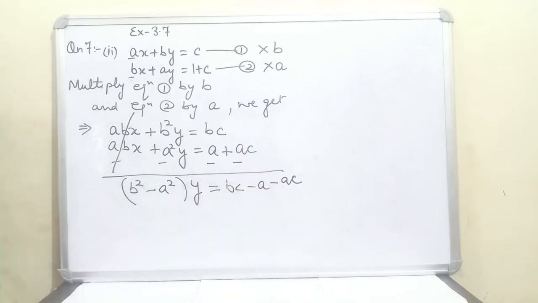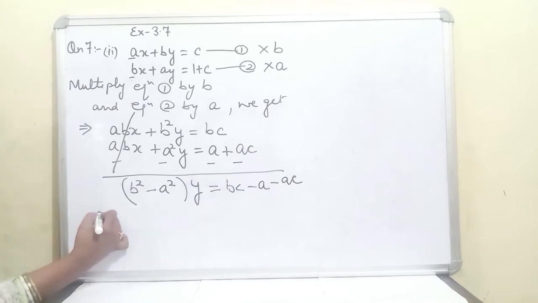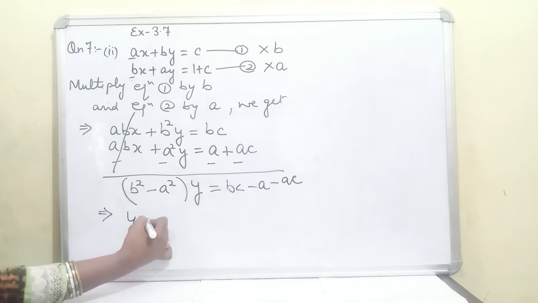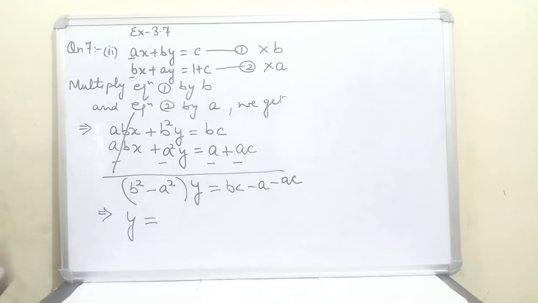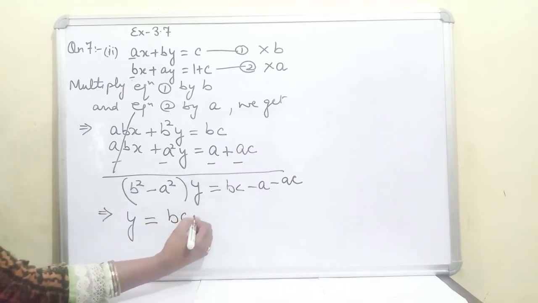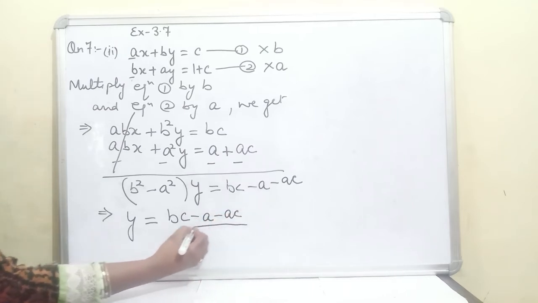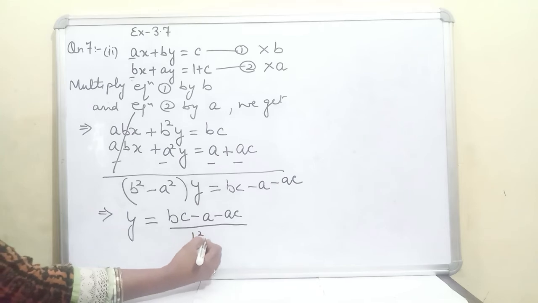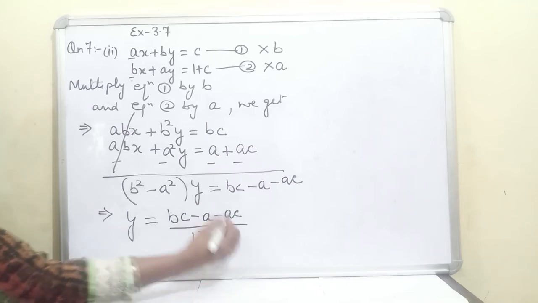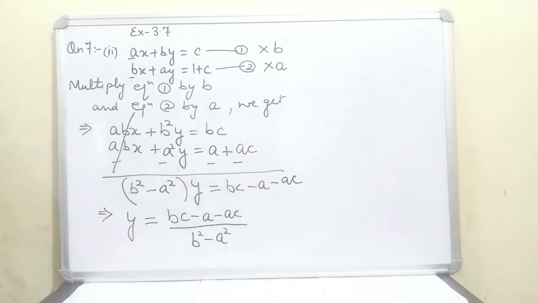Otherwise, we cannot add or subtract them because they are not like terms. So I'm finding the value of y from here. This will be bc minus a minus ac upon b square minus a square. This will be the answer for y.